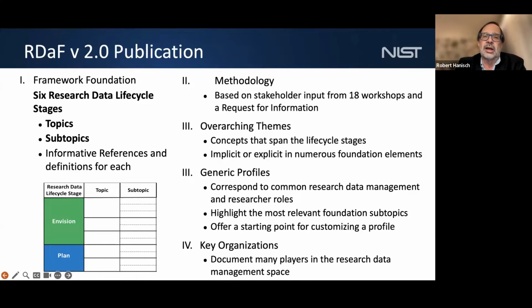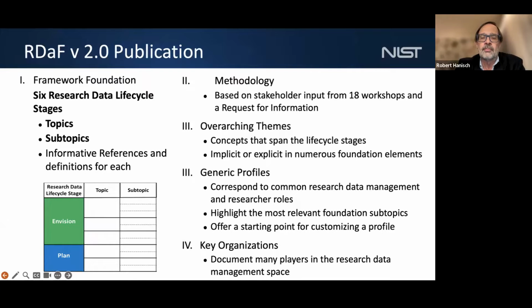One thing that came to light in our analysis of all of this input information was that there were a number of what we call overarching themes or concepts that span multiple life cycle stages. Sometimes these are explicit in numerous elements in the Research Data Framework Foundation.